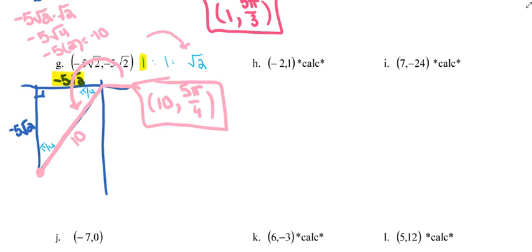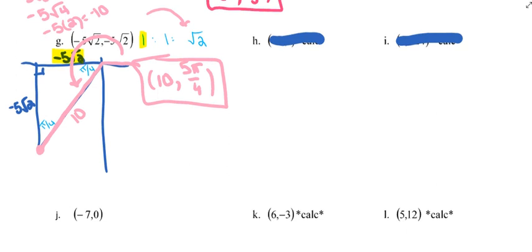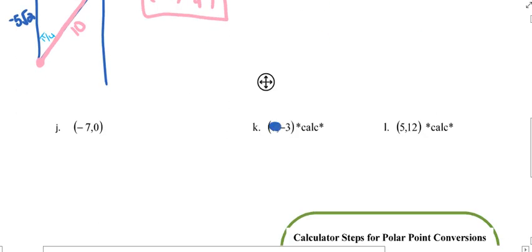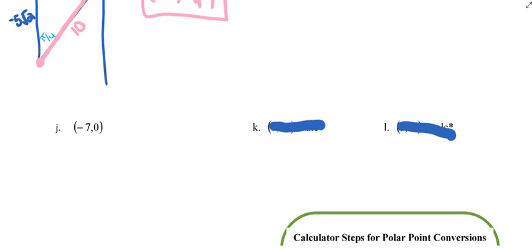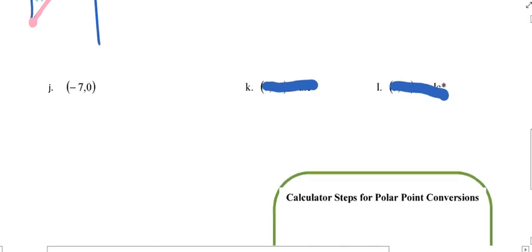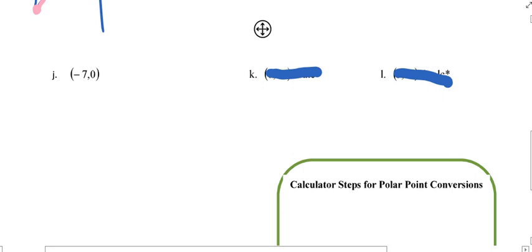All right, letter H is a calculator question, so how about we skip it? Letter I is a calculator question, so how about we skip it? I'm liking the same for letters K and L. Wow, those were easy. Making letter J our last question. All right, negative 7 comma 0.